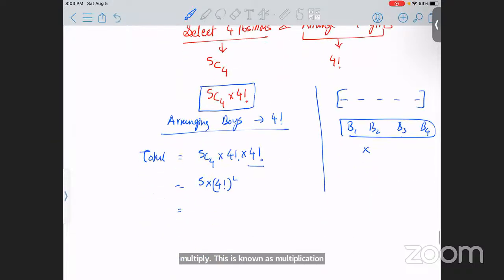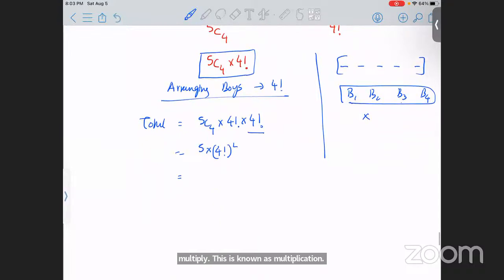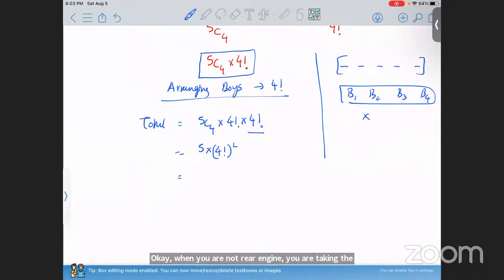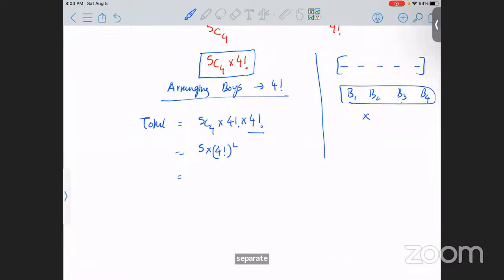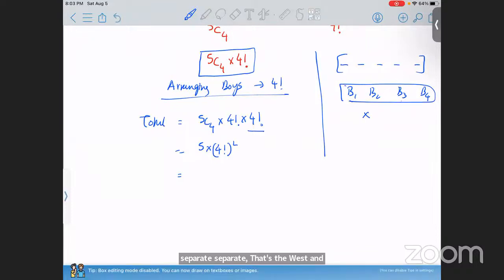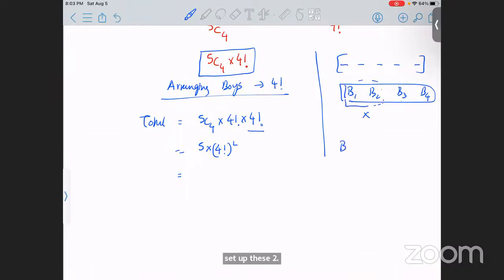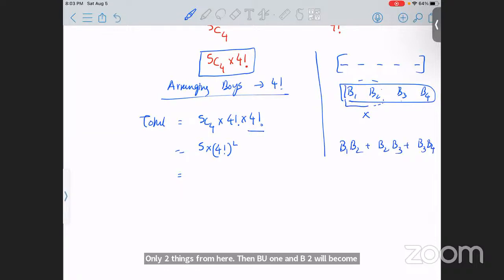When you are not rearranging, you are taking separate sets. Now we have to select only 2 things from here. Then B1 and B2 will become one set, B2 and B3 will become one set, and B3 and B4 will become one set. Are you getting this?